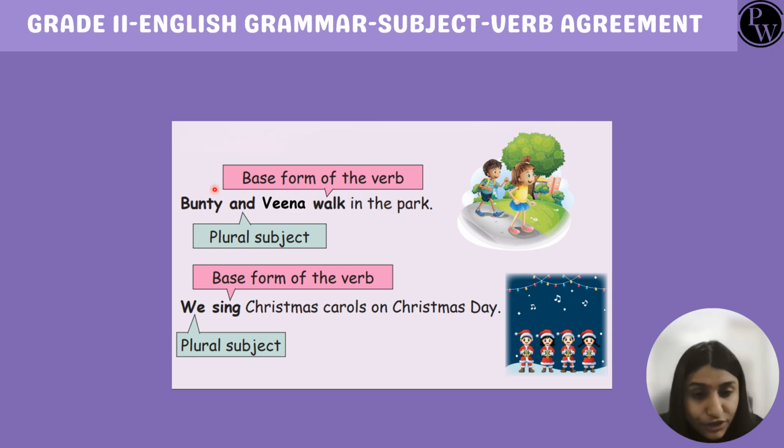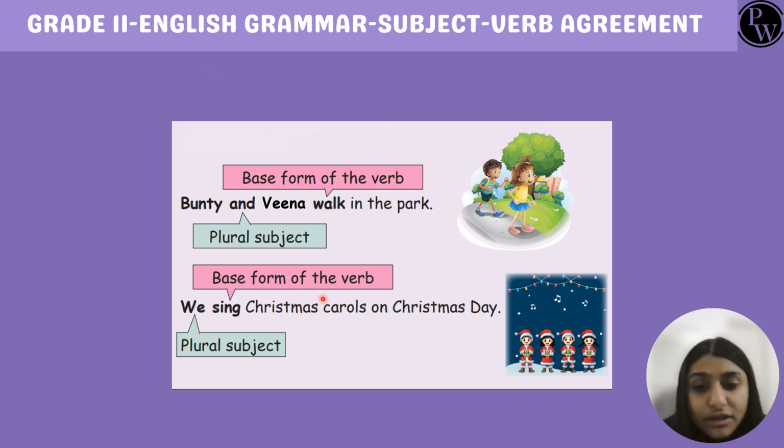This is a plural subject, right? So we do not add s or es to the verb here. We'll always use the base form of the verb here. So Bunty and Veena walk in the park. Okay. We won't add s or es.